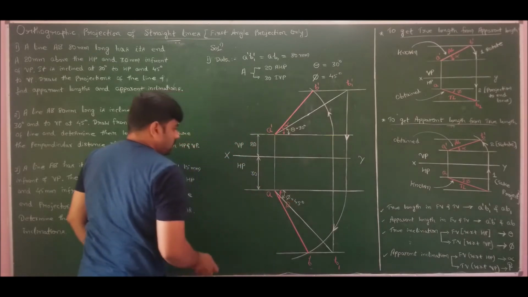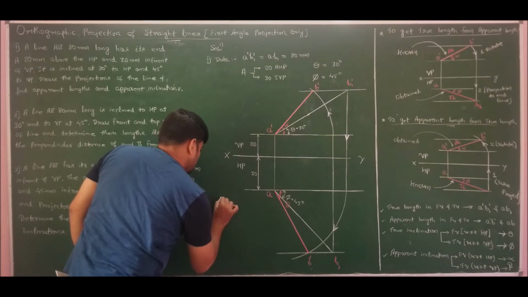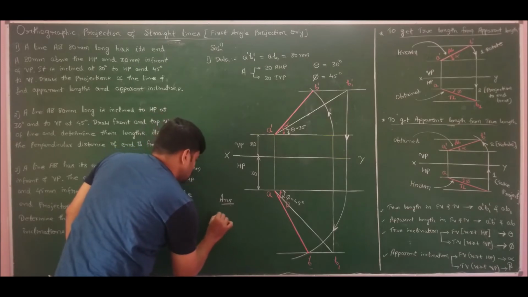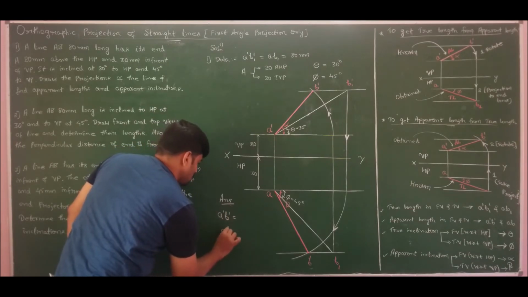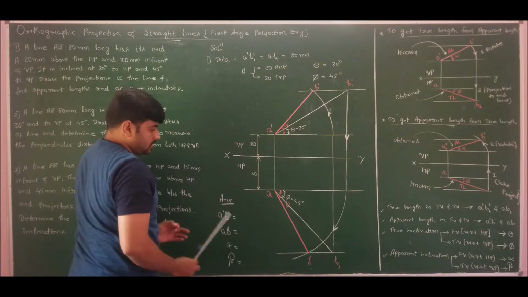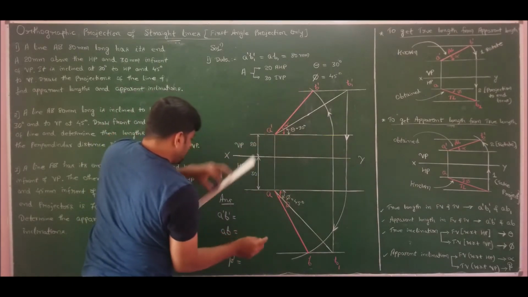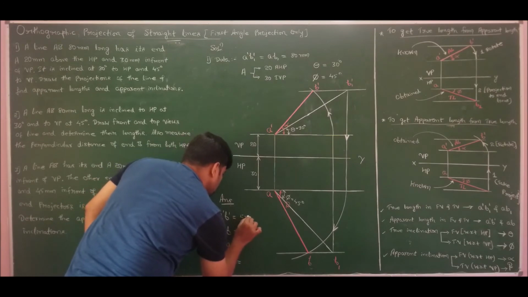So if I measure this, I will get the answers for this problem: I should find the values of A dash B dash, AB, alpha and beta.